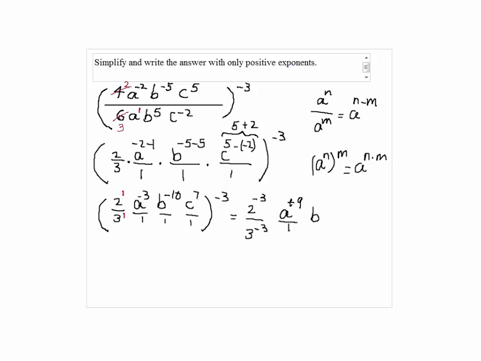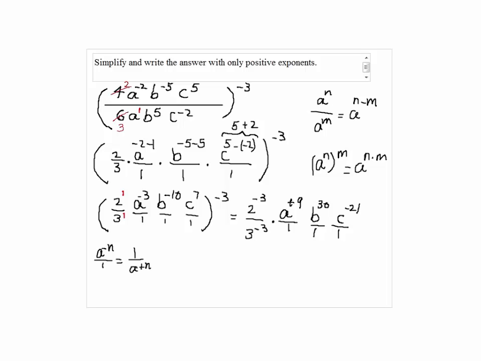And here I get a to the power of negative 3 times negative 3, which is positive 9. And then we have b to the power of negative 10 times negative 3, which is positive 30. And c to the power of 7 times negative 3, which is negative 21.